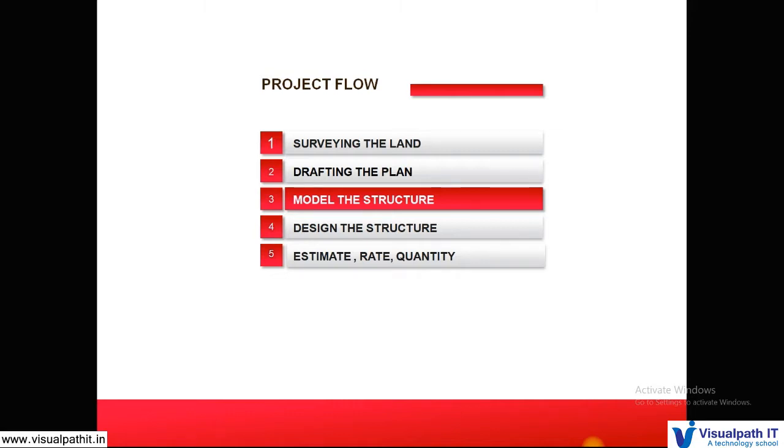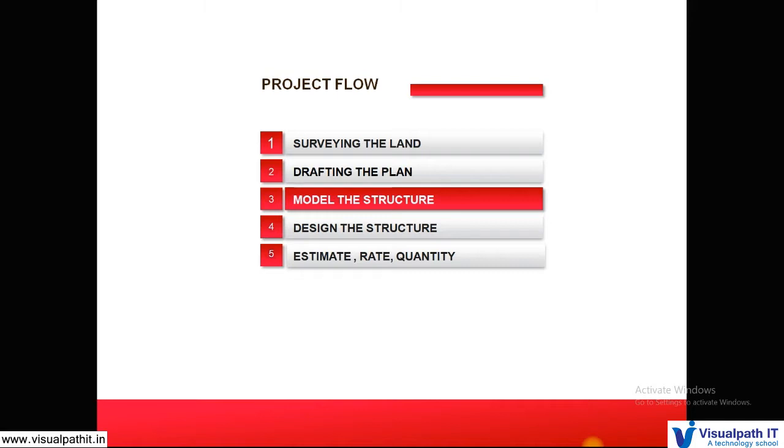Once the 2D is developed, the drawings are done, which you do in AutoCAD. Once that is done, then the structure is modeled. This is a new concept which has come within 10 years. Why the modeling is done is what we are going to see when we start doing Revit. Then the structure is designed, and then the quantity is estimated.